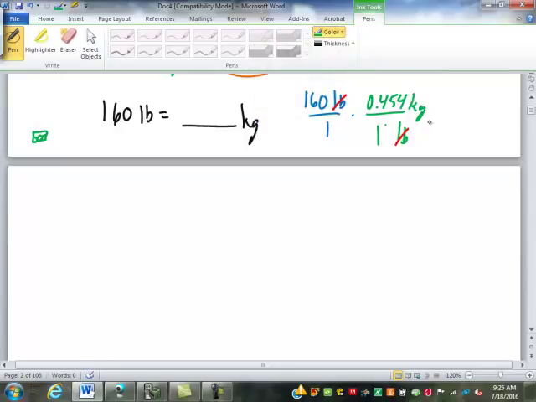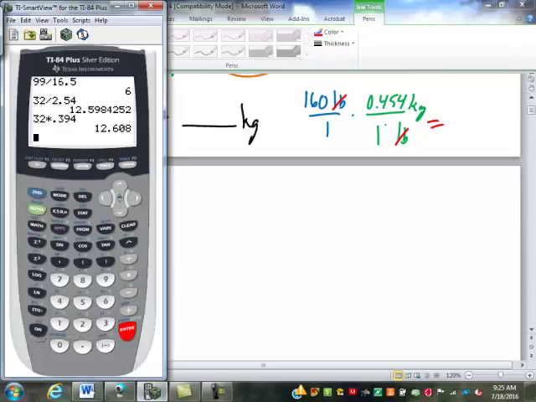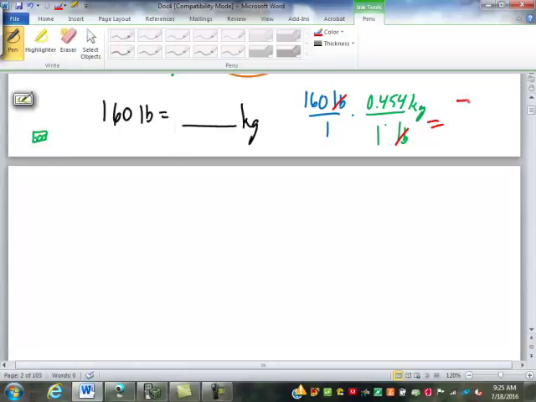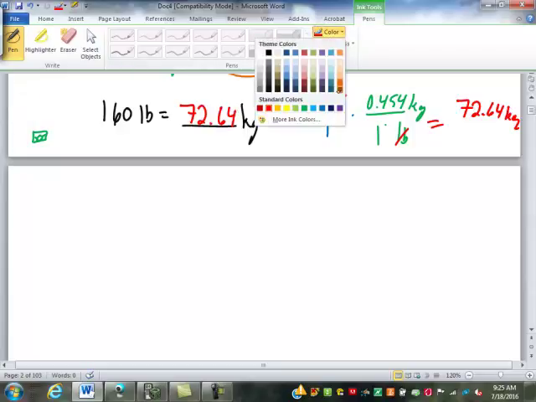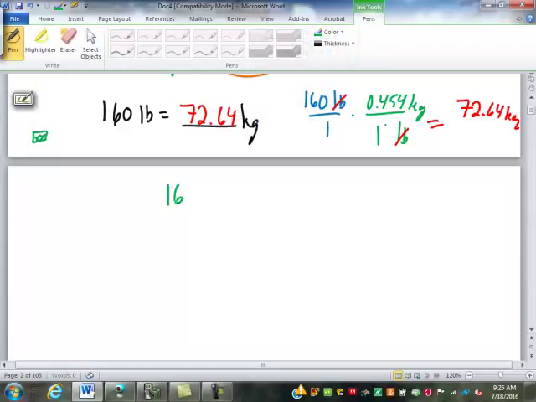So the pounds cancel out. We have 160 times 0.454 is 72.64 kilograms. Now again, the way I would have done that is I'd have just done the 160, and I would put 1 kilogram as 2.2 pounds.